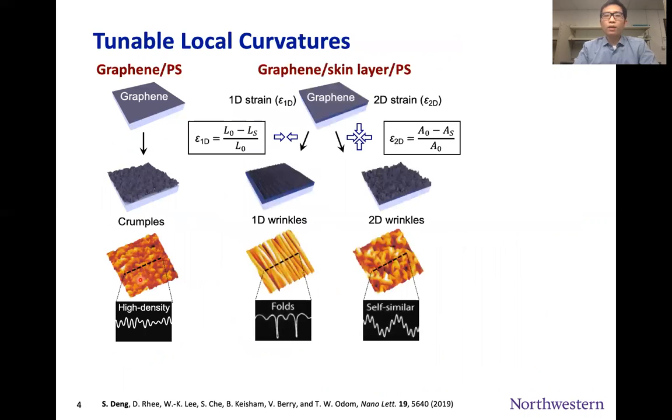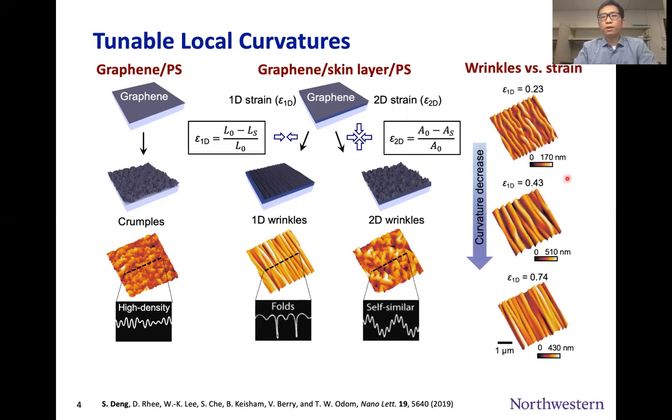More importantly, we can control different wrinkle structures in the graphene, and we have 1D wrinkles and 2D wrinkles by just changing the substrate shrinking directions to uniaxial or biaxial. And we can further control the wrinkle features by controlling the magnitude of the strain we introduce by the shrinkage of the substrates.